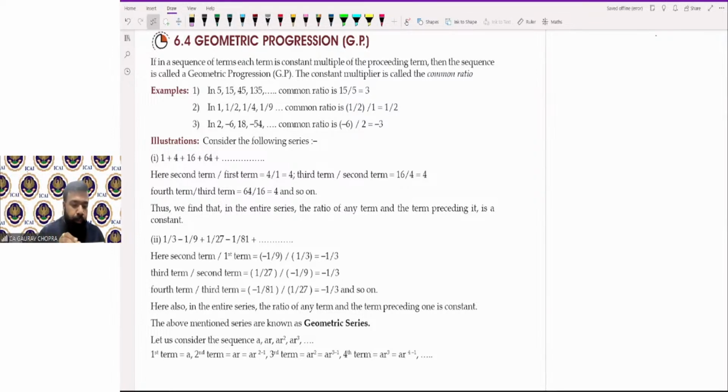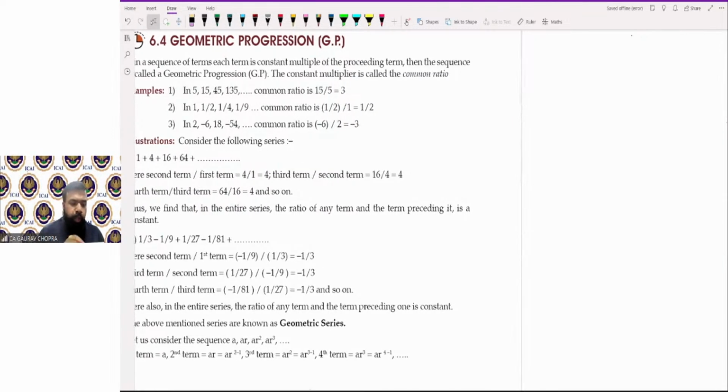For example, if we take the number, let's say 4. After 4 the next numbers are 8, 16, 32, 64 and so on. So in this pattern, what you can observe is that the second number is double of the first.